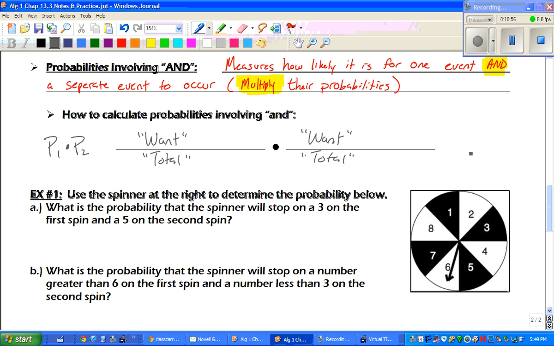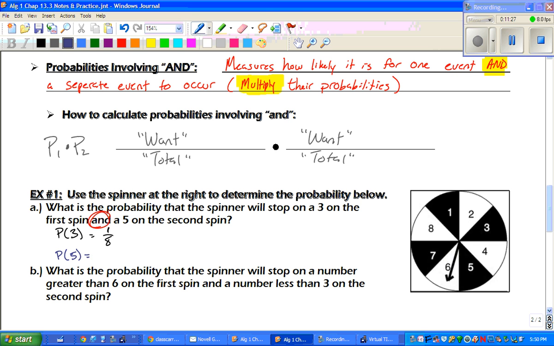So what is the probability that the spinner will stop on a 3 on the first spin, and here's the keyword right here, and a 5 on the second spin? All right, so we've really got to look at what the words say, and or. So the probability of it landing on a 3 would be what? Well, 1 out of 8.